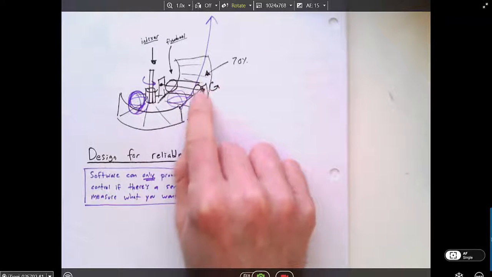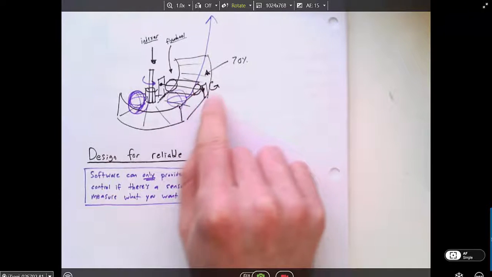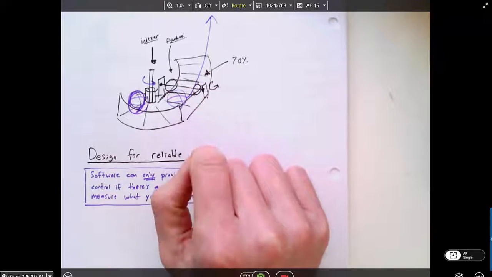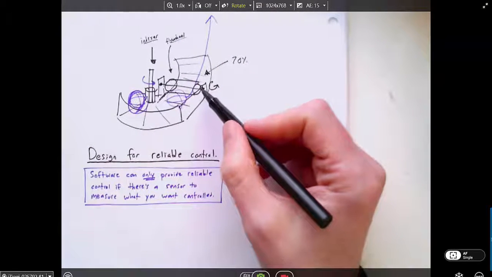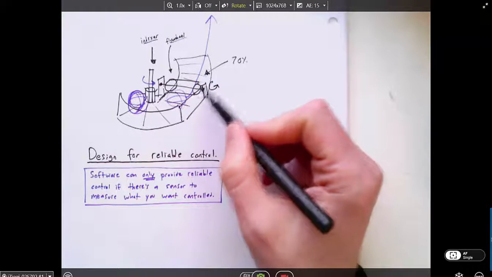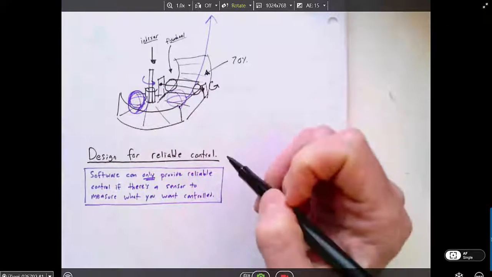So as the magnet spins around on the shaft past the Hall effect sensor, we can count how many times per second it spins past, and that will give us an RPM. There are other sensors that let us do this also, and we could have come up with other solutions. But the point is, if you're assuming that you need the flywheel to go at a certain speed, you've got to put a sensor on it that will measure that speed.